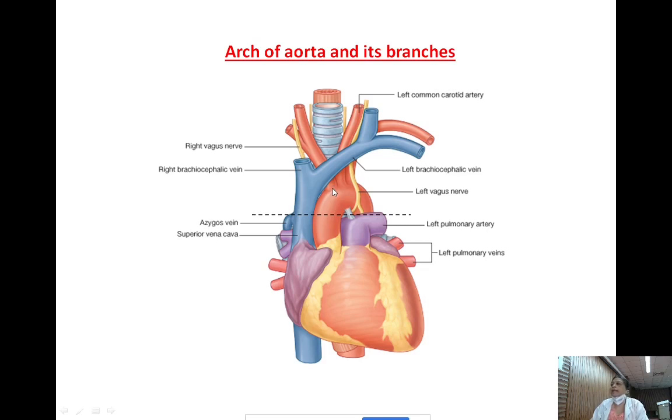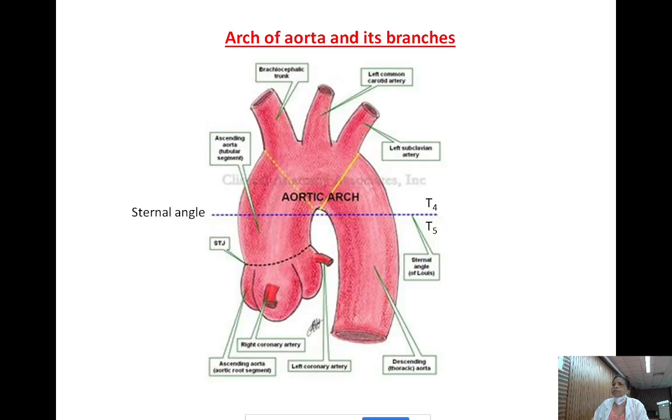On the right side, it gives the brachiocephalic trunk, then the left common carotid artery, and then the left subclavian artery. Here also you can see the brachiocephalic trunk, left common carotid artery, and the left subclavian artery.